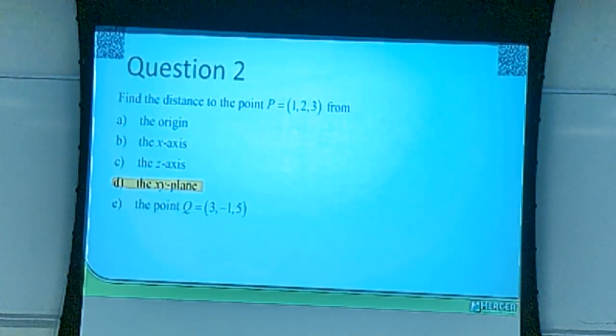Same kind of idea when you're dealing with distance from a plane. You want the shortest distance, or the perpendicular distance from the plane.